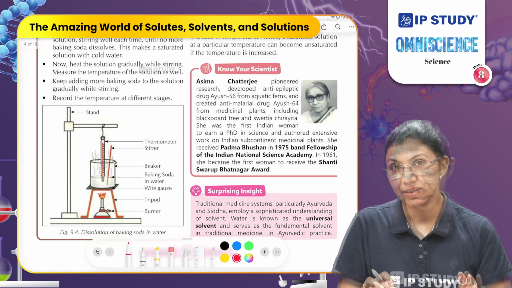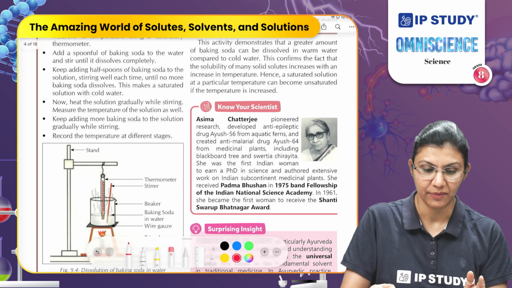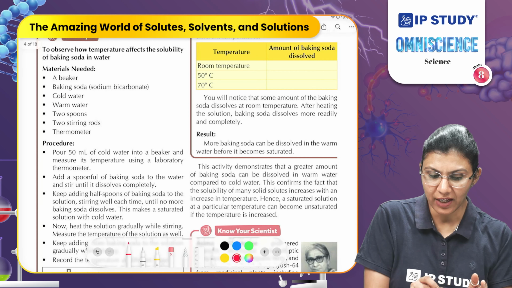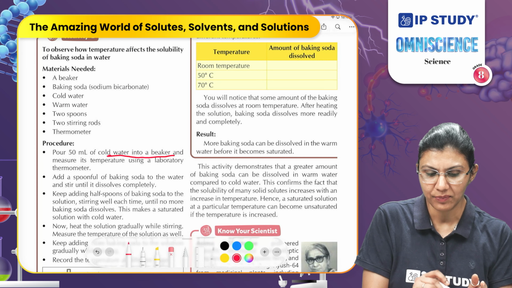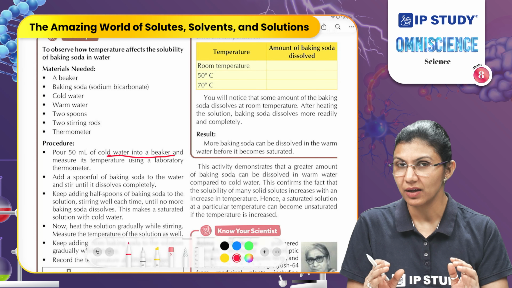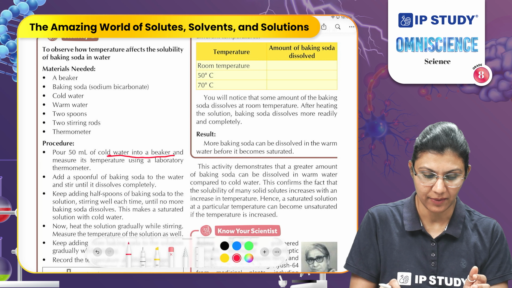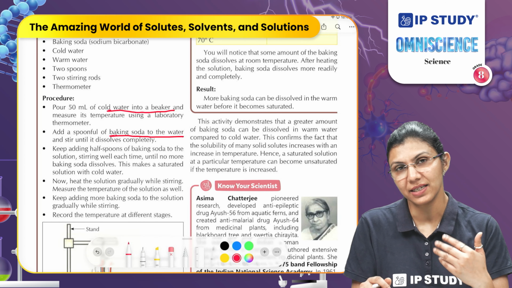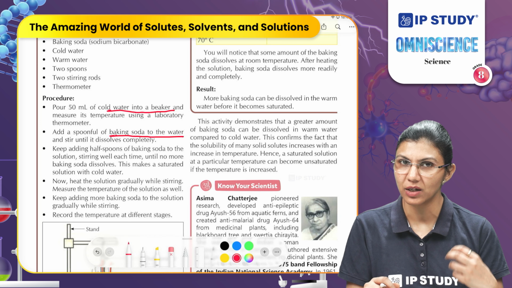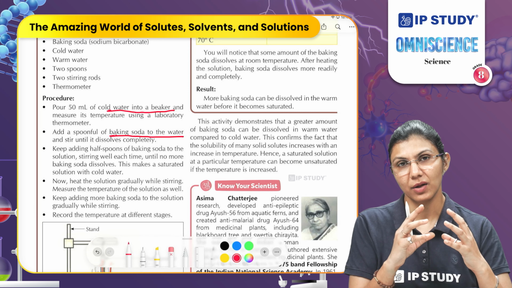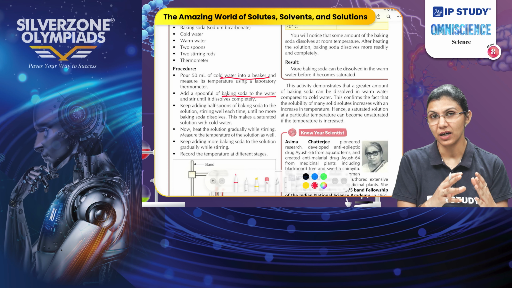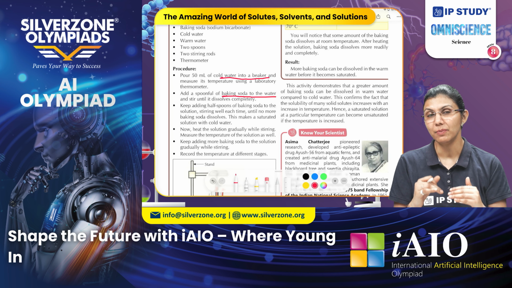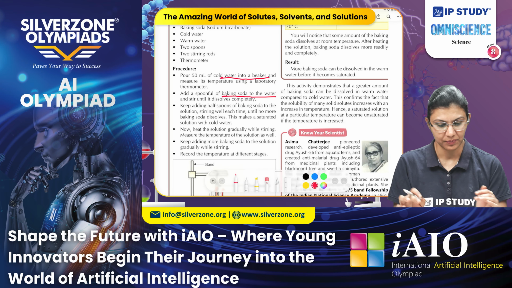We can understand this with the help of this activity. For this, pour 50 ml of cold water in a beaker and measure its temperature at the beginning of the experiment. Add a spoonful of baking soda to the water and stir it well. What will happen? The baking soda will dissolve completely, means the particles of the baking soda will settle in the interparticle space of the water.